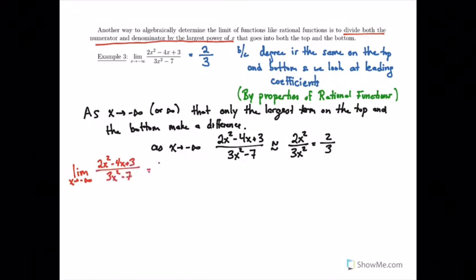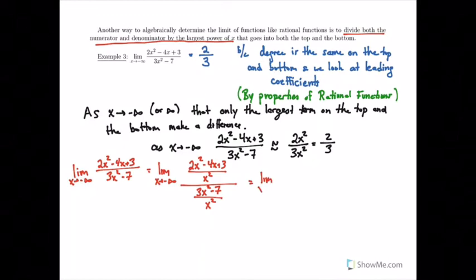We are going to divide both the numerator and the denominator by x squared, giving us a kind of gross-looking complex fraction. And then we are going to simplify both the top and the bottom by breaking that one fraction into three different fractions.